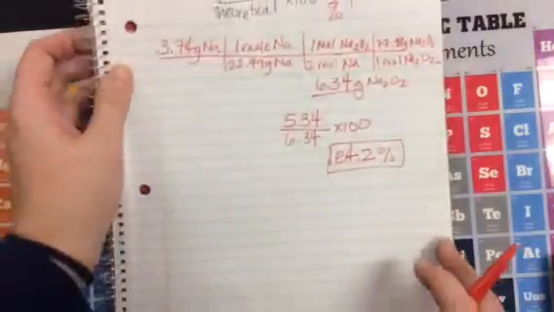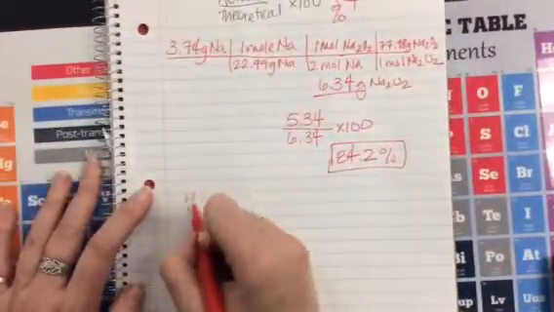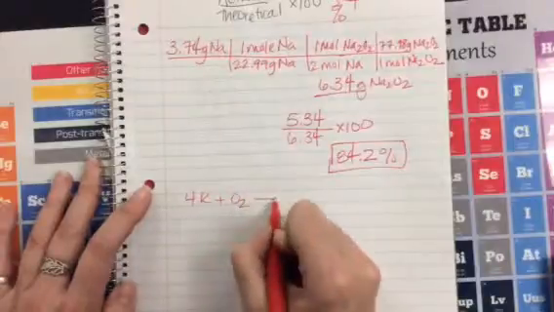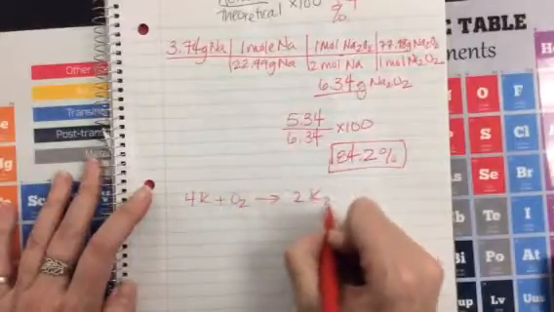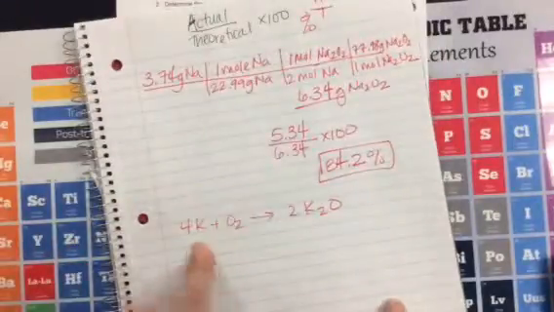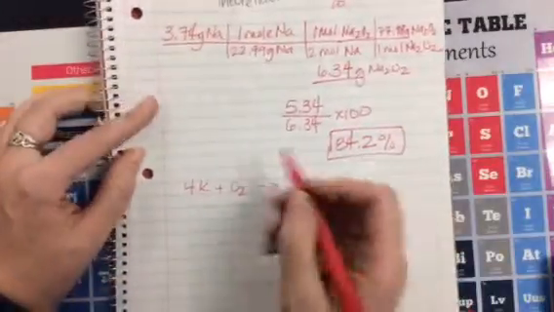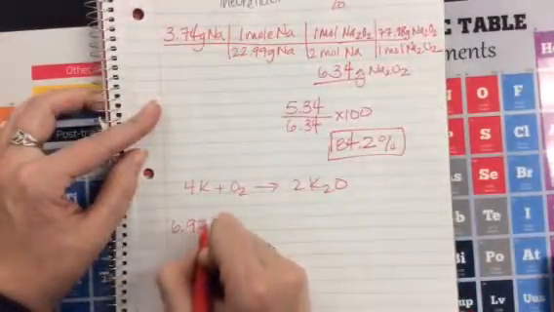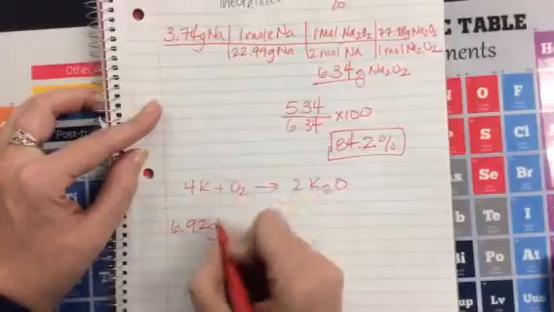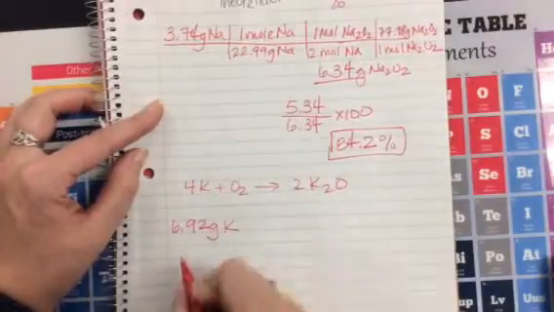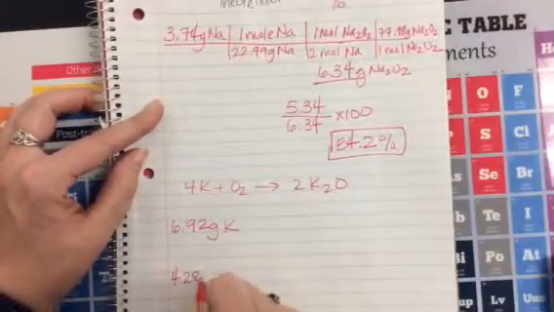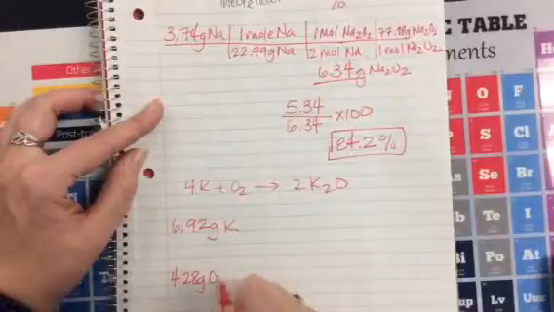So for this problem, I'm going to rewrite the problem down here, because I'm going to need my balanced reaction. I have, in my first problem, 6.92 grams of my potassium. And in my second problem, I have 4.28 grams of oxygen.